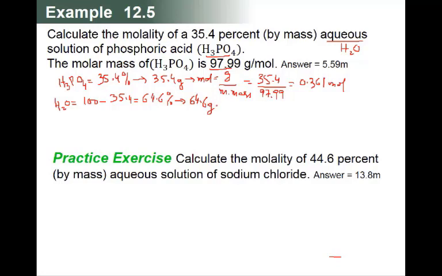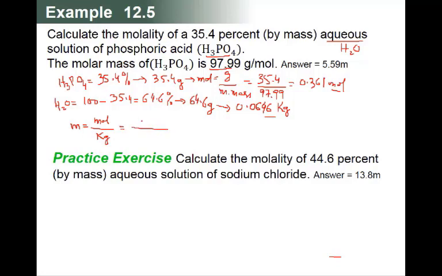gram, and now we need not the mole, we need the kilogram. So this will divide by 1000, so it becomes 0.0646 kilogram. So we have the mole and we have the kilogram water, so we can calculate the molality. Molality is equal to mole of the solute divided by kilogram of the solvent, that is water.